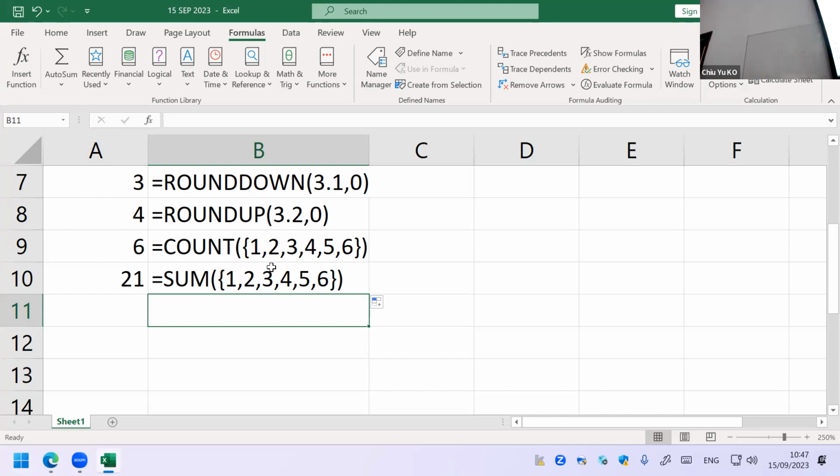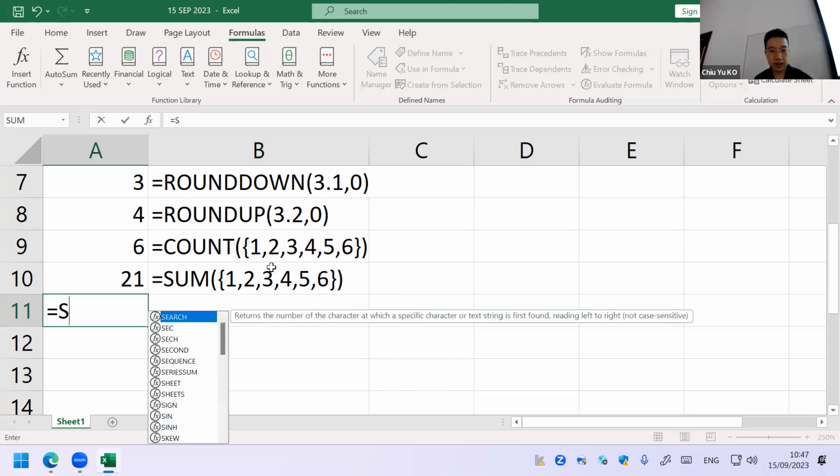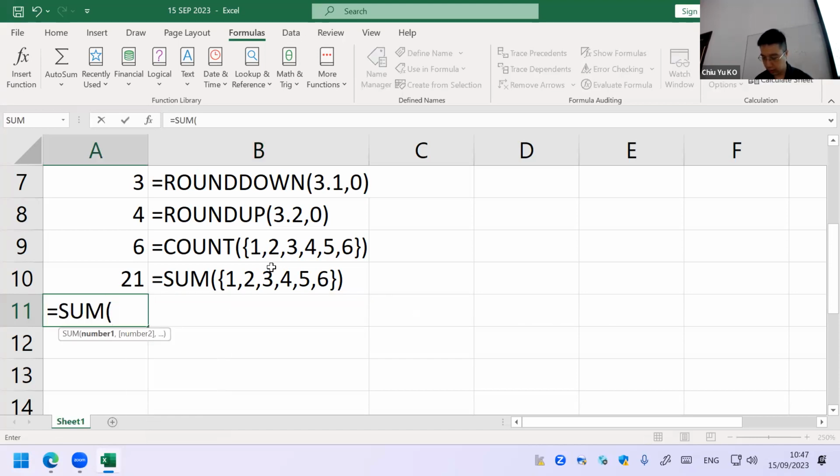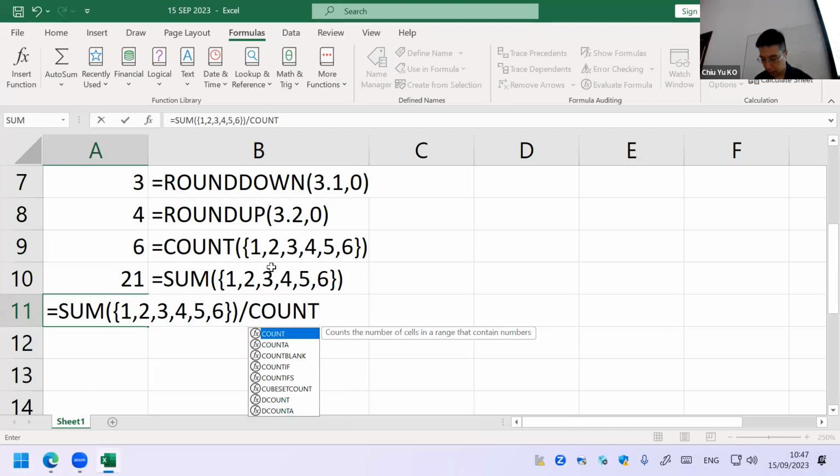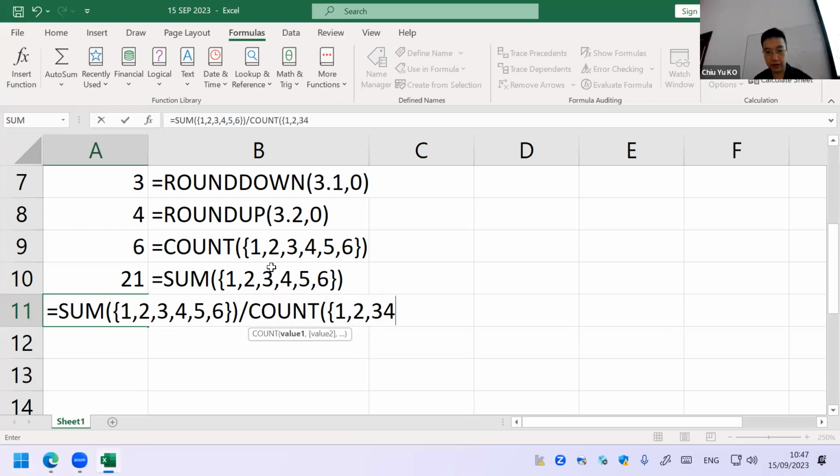So if I want to do the average, I can do the sum, 1, 2, 3, 4, 5, and 6, and divided by count, and we do 1, 2, 3, 4, 5, and 6.